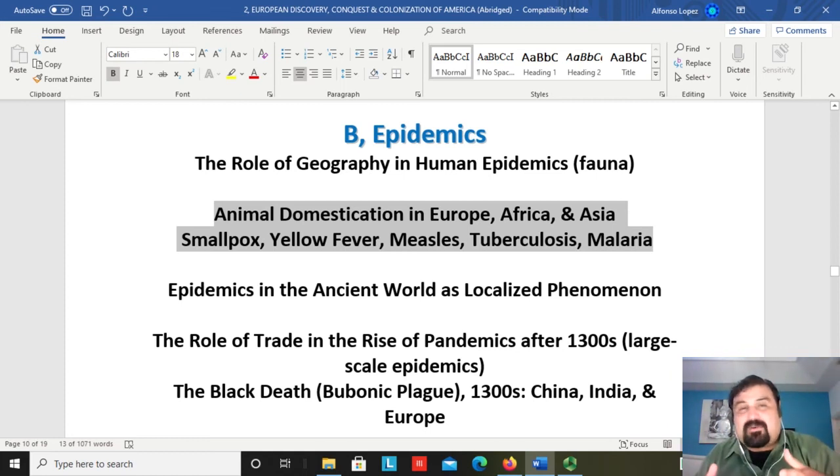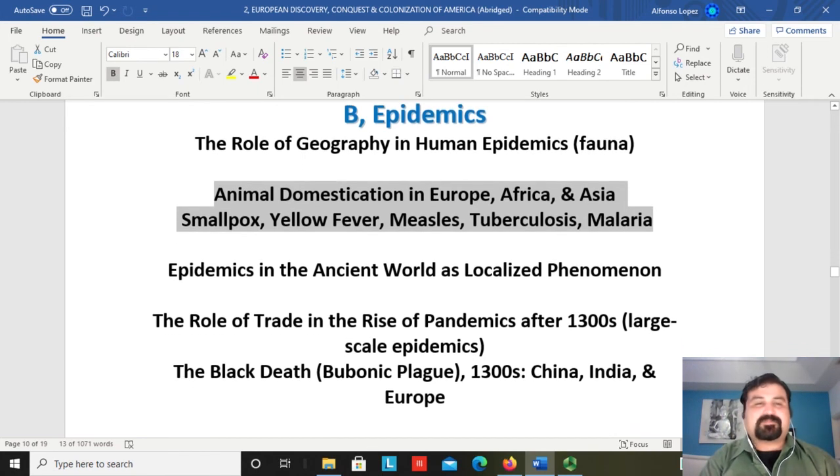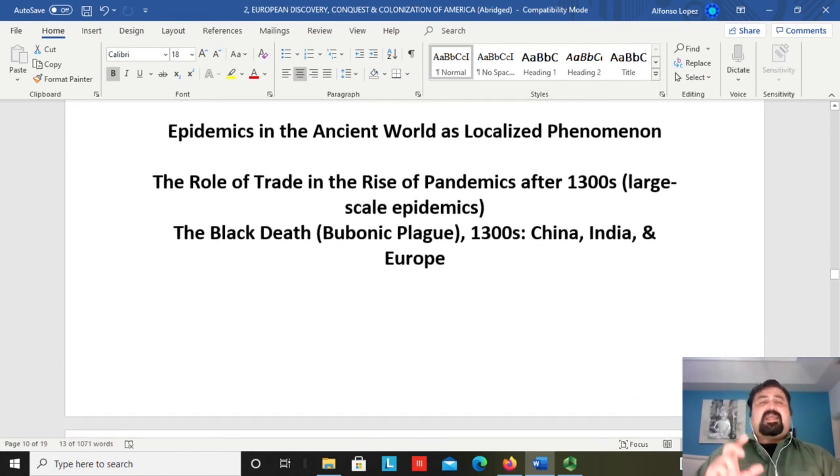They don't have cattle. They don't have pigs or hens or goats or sheep that they're domesticating. If they need an animal, they go out and hunt it, and that's pretty much it. But they're not living close to the animals, so they're not going to be exposed to the epidemics of the Old World. Okay, now epidemics in the ancient world happened in a very localized manner.